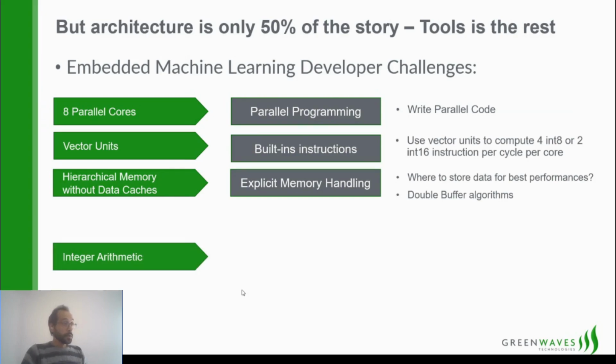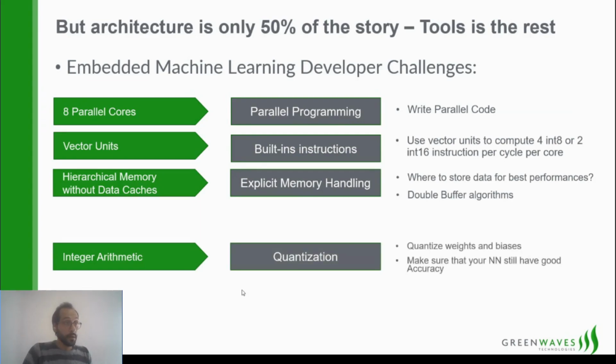Then there are 2 other points. The first one is related to integer arithmetic. We don't have a floating point unit, so we need to quantize our neural networks or also our algorithms. You can still do a few operations in floating point, but these are emulated, so they are not really efficient.